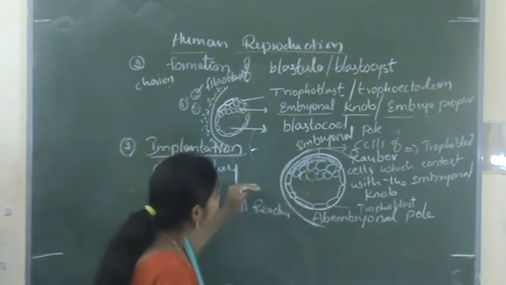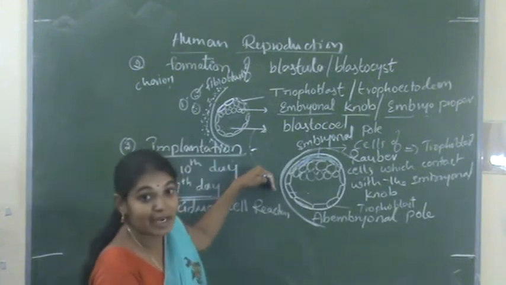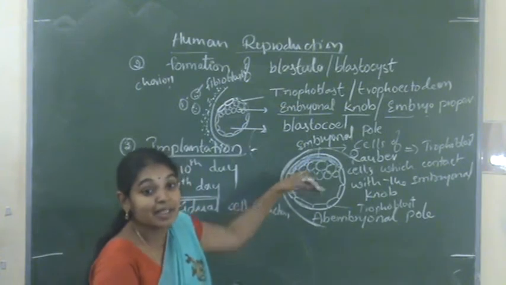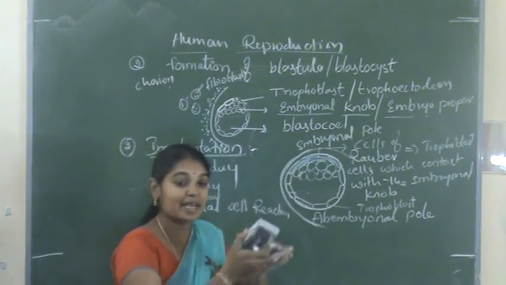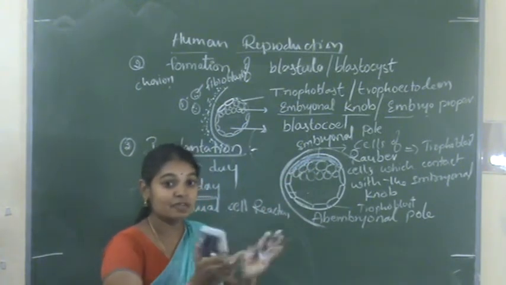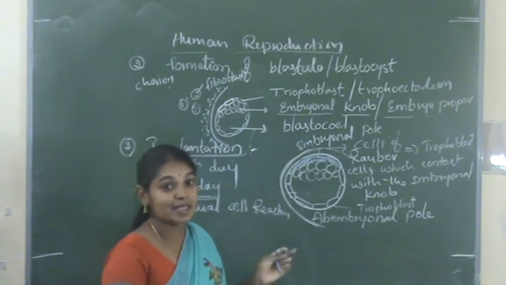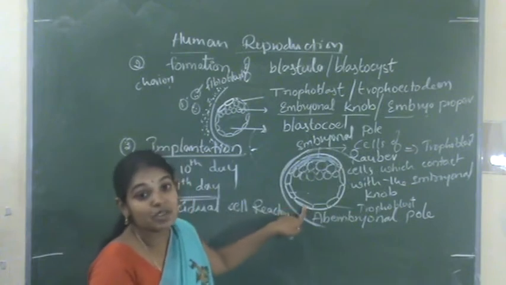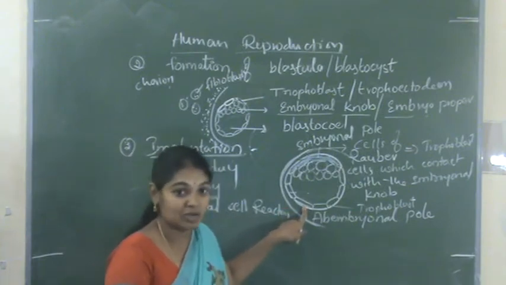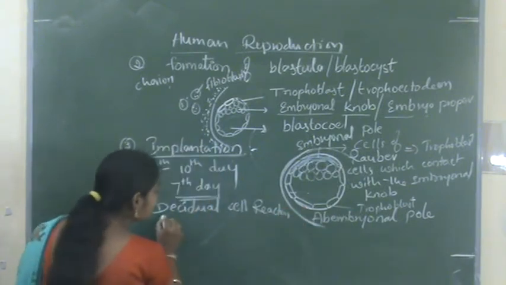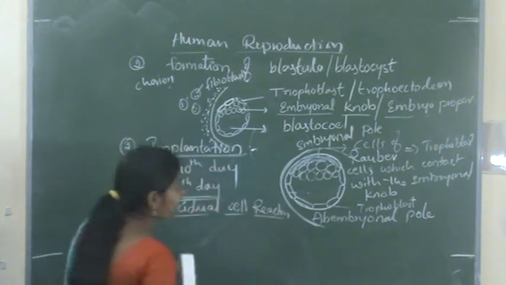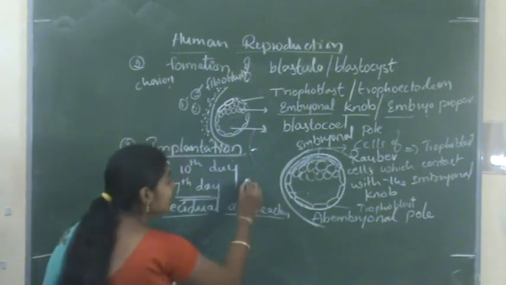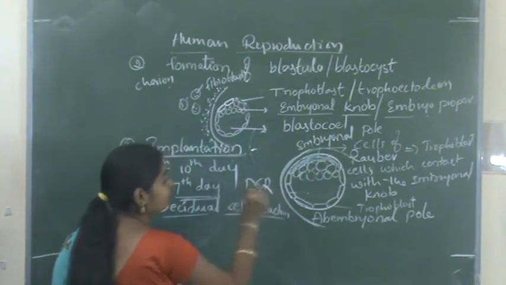Once the fluid from the endometrium enters the blastocyst, the size of the blastocyst rapidly increases. As the size increases, the zona pellucida also dissolves. These types of reactions are known as the decidual cell reaction or DCR.